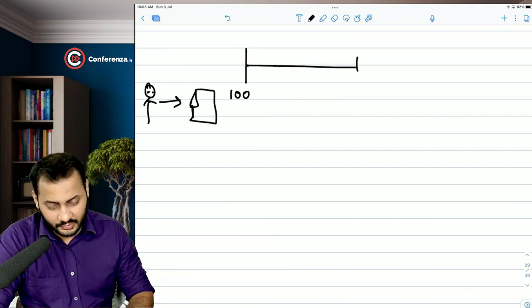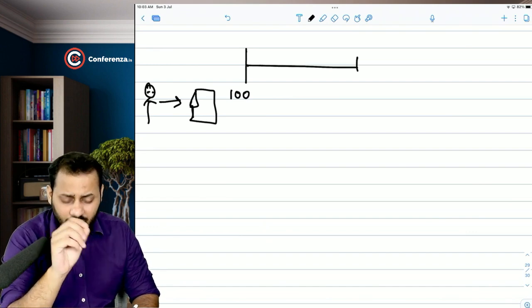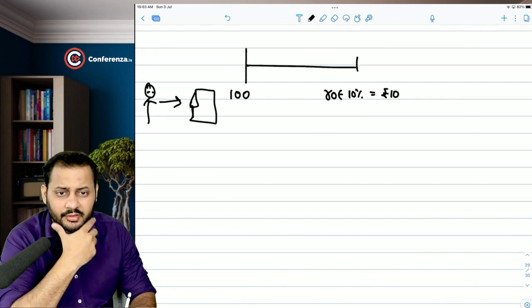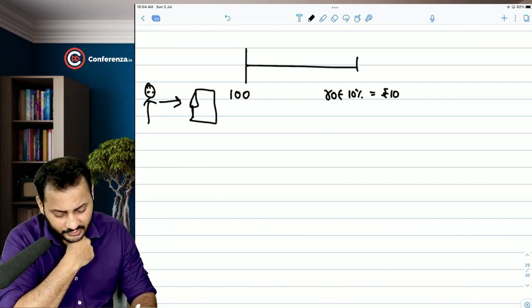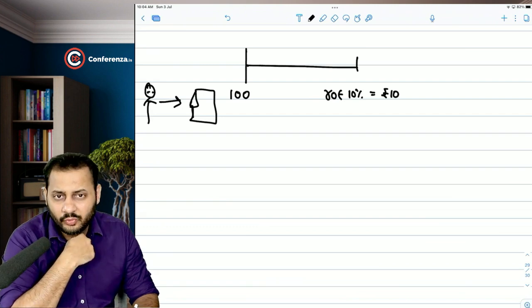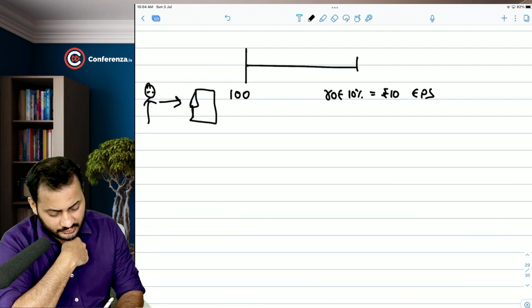Okay, so you have invested 100 rupees, right? And in a year the company has earned, let's say the return on equity is 10%, which goes to 10 rupees. Am I right? So your earning per share is 10 rupees. Out of that 10 rupees, let's say dividend is distributed to the shareholder.